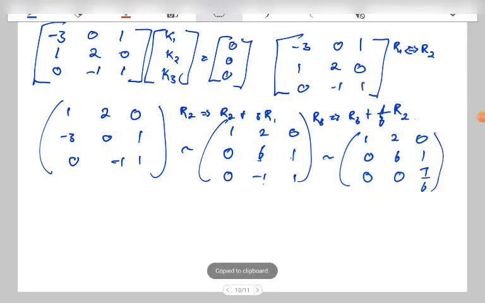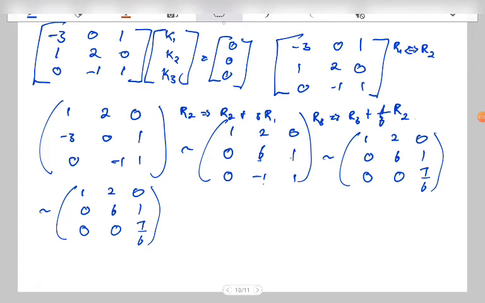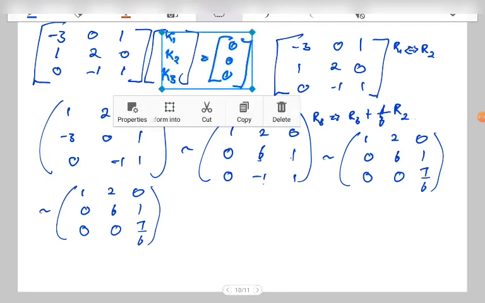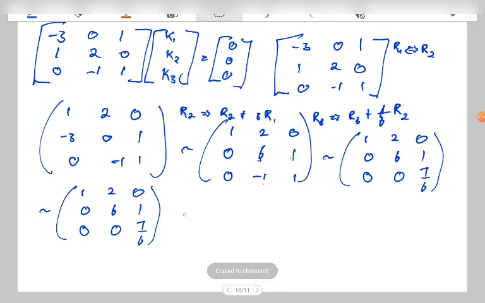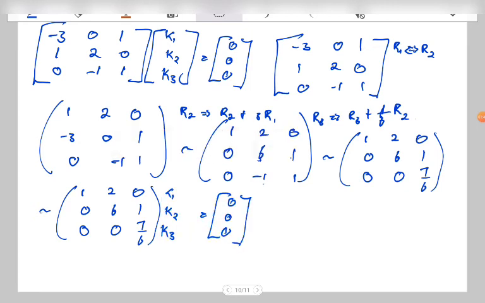So let me just paste it here. Okay, so I paste it here, and then I'll copy this and paste it here so that I don't waste time.